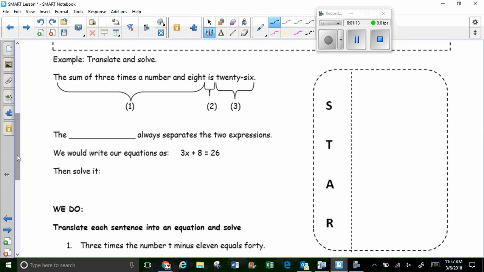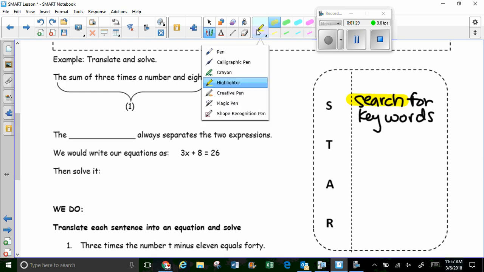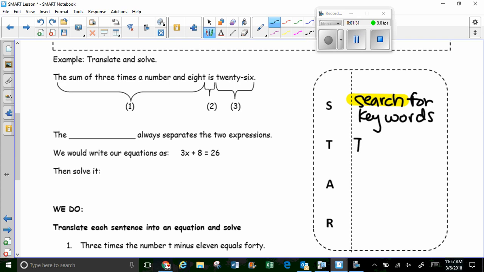So a strategy in order to translate is the STAR method. S stands for search. The idea is you're searching for keywords. T, of course, is translate.